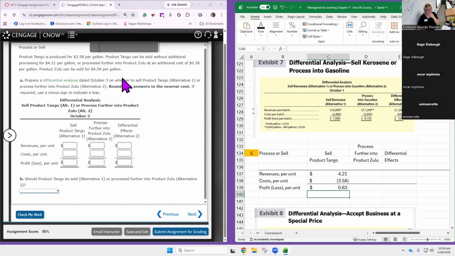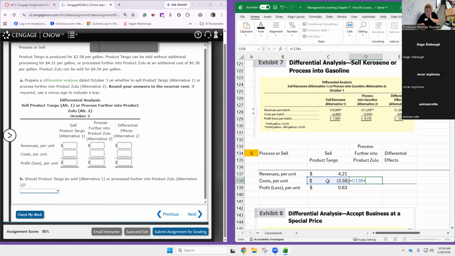Okay, now the other one is the Zulu. Usually it costs more to process something further, right? And they say that additional 38 cents per gallon. So I'm going to take this number and add. Okay, so we're going to add to the price.